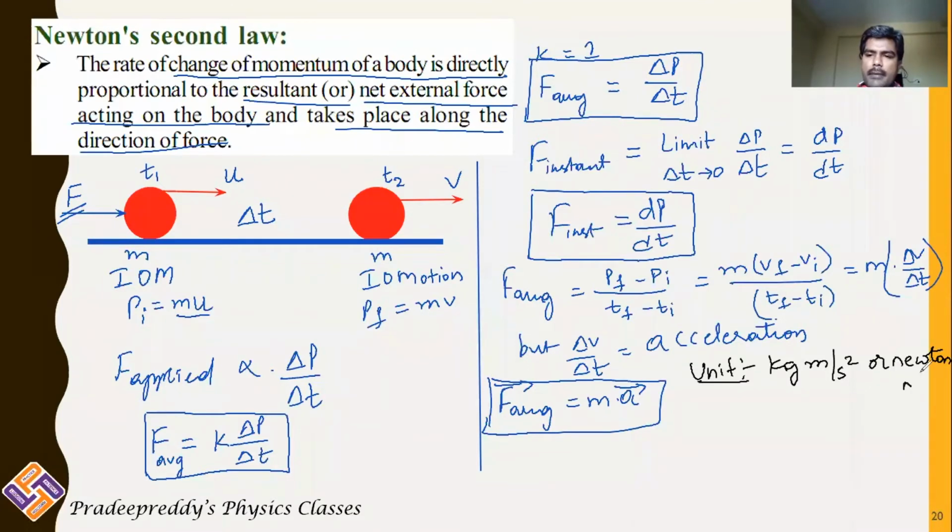Newton symbol is capital N. In honor of the scientist named Newton, we are taking unit of force as Newton. And remember, force is a vector quantity, and the direction of force is in the direction of acceleration.